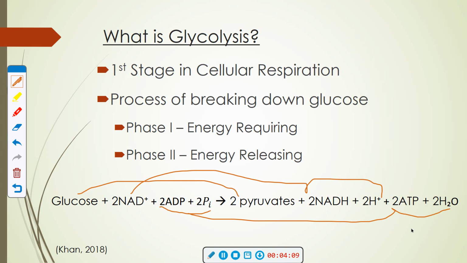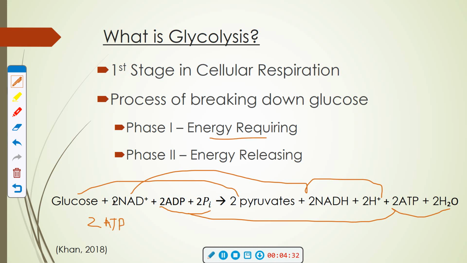Now, in the overall process, if I wanted to give you the breakdown of it, technically it's not written here, but it does start with 2 ATPs. It uses 2 ATPs to start the process because it is energy requiring.